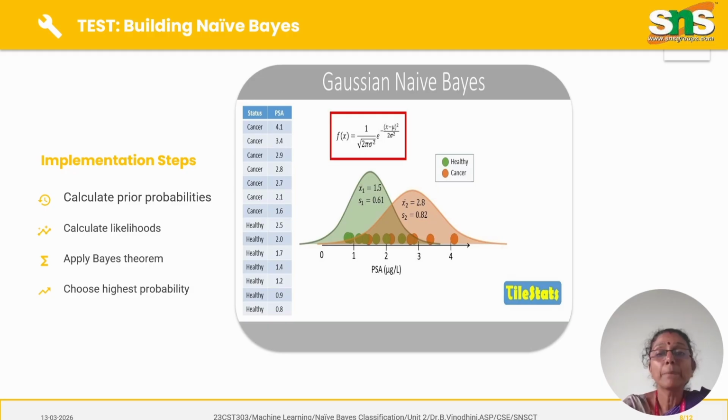Based upon those probabilities, for example, if you have a class label like yes or no, we find the probability of yes and the probability of no. Whichever probability has the highest percentage is applied to the new input data. These are the steps in the Naïve Bayes classifier.